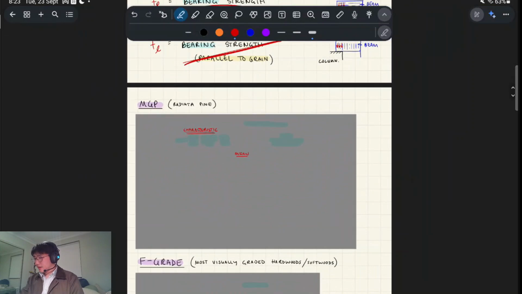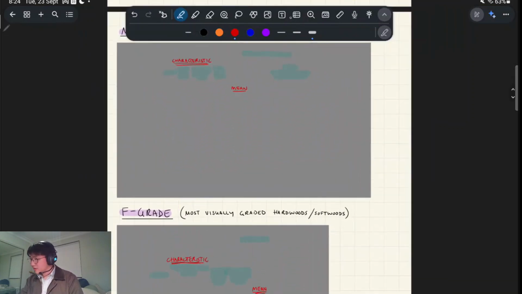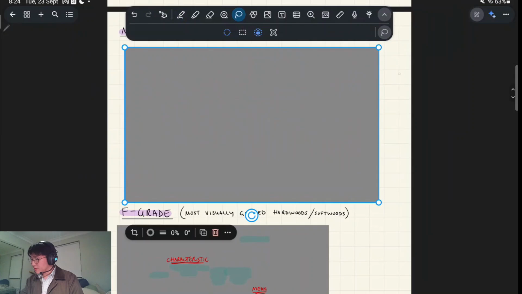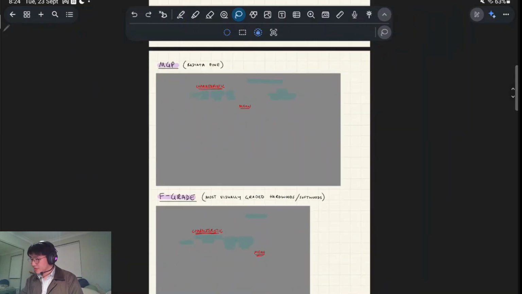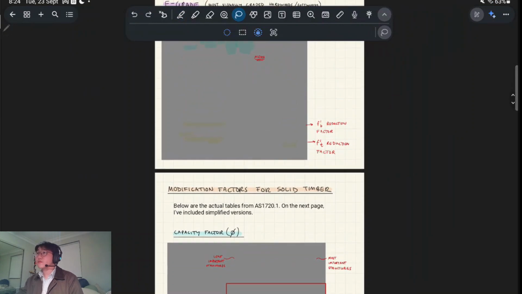So yeah. Oh, what's going on here? What's this gray? I'll move this. Shoot, these pictures are not loaded. That's not optimal. Okay, you know what?